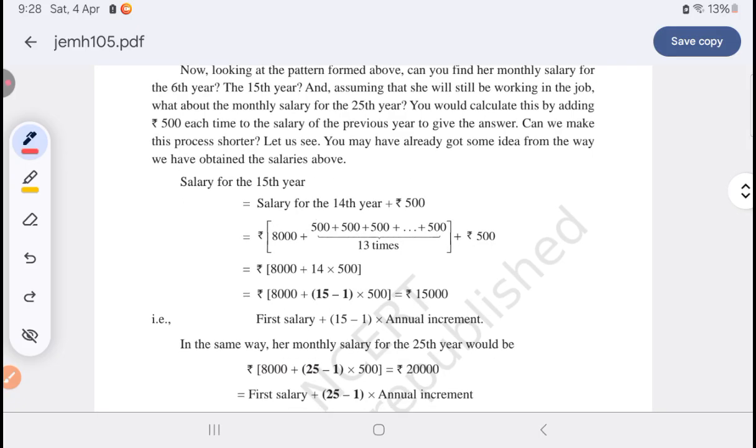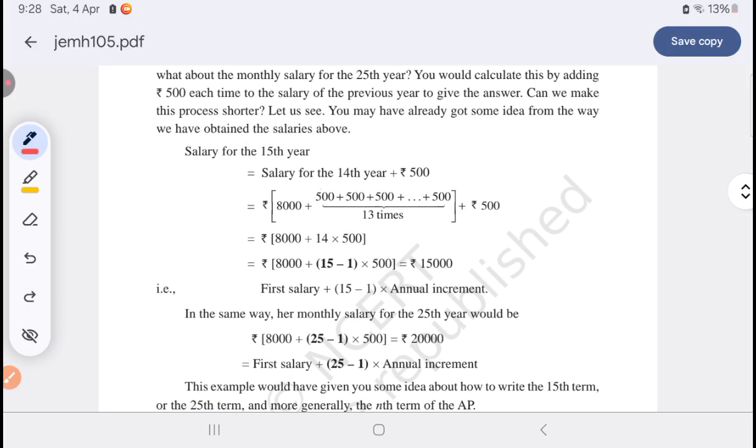Similarly, you can find the 15th year salary also directly. You know the first term, you know the 15th year means 15 minus 1, and the annual increment is 500. So you will get the 15th year salary.